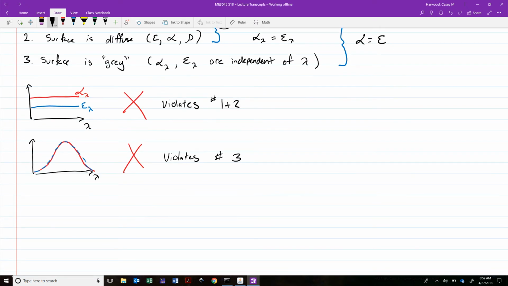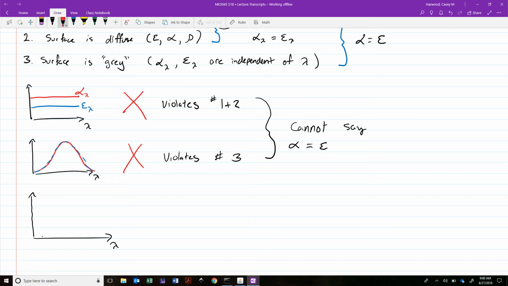And so for both of these cases, we cannot say that alpha is equal to epsilon. That conclusion cannot be drawn.